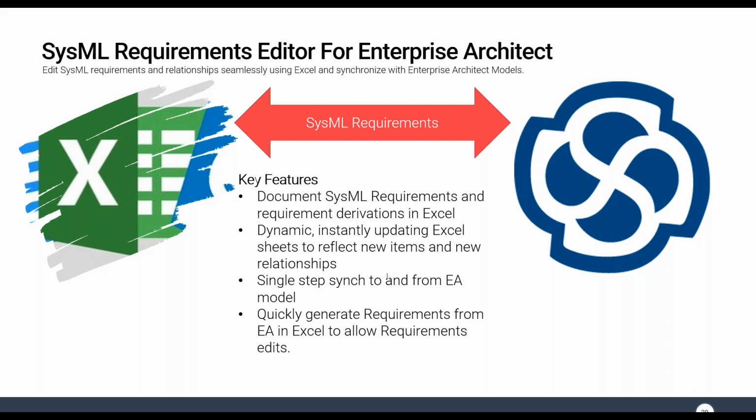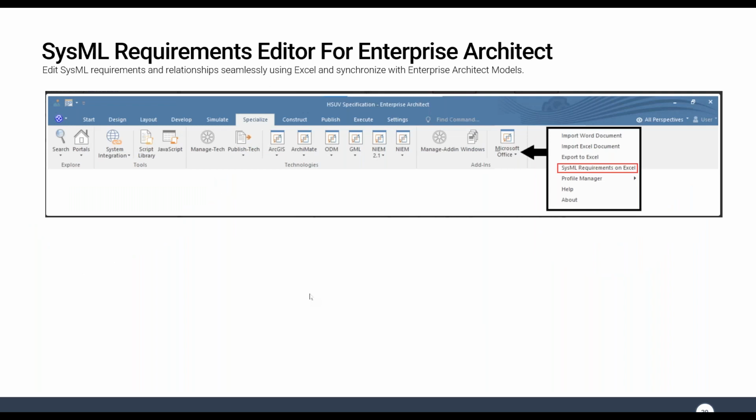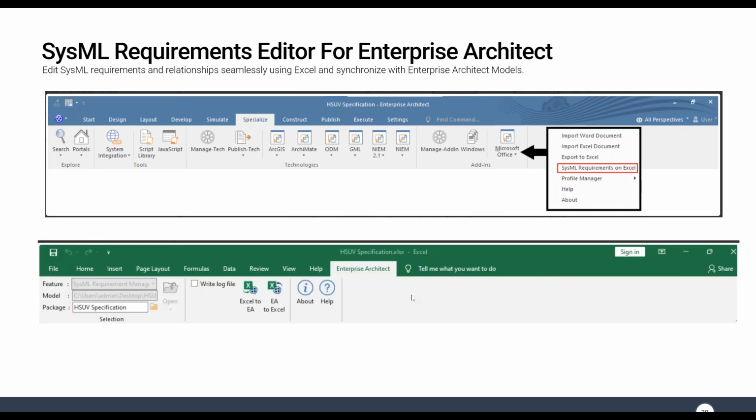So it's pretty much a very focused SysML view in an Excel, and that makes it a lot easier to engage the systems engineering teams and the stakeholders who work with them to co-work with the EA modelers. So what you will see as a new addition in the Office integration is this SysML requirements on Excel. And in Excel, you will see a new ribbon which will allow you to export from EA to Excel or Excel to EA.